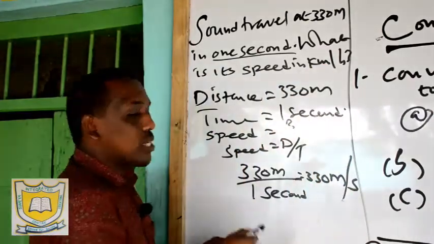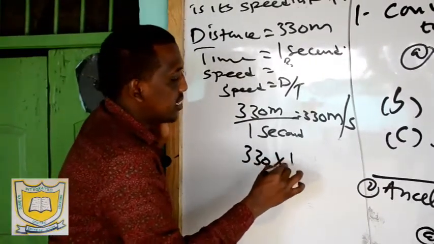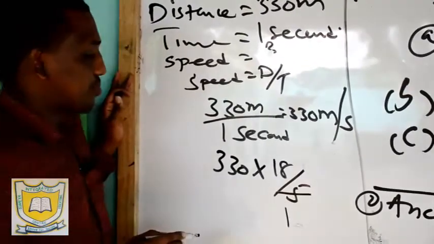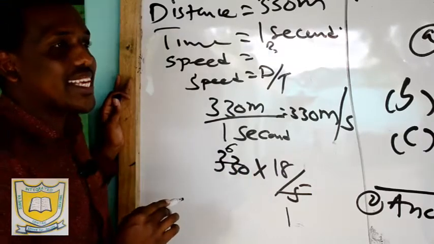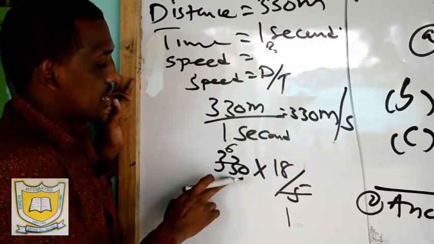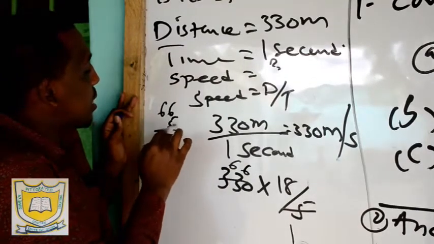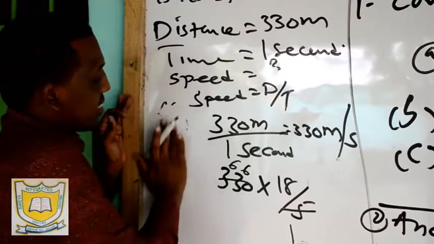To change this into kilometers per hour, you say 330 multiplied by 18 over 5. So 5 into 33 is 6 remainder 3, so it is 66 now. When you say 66 times 5, you get 330.